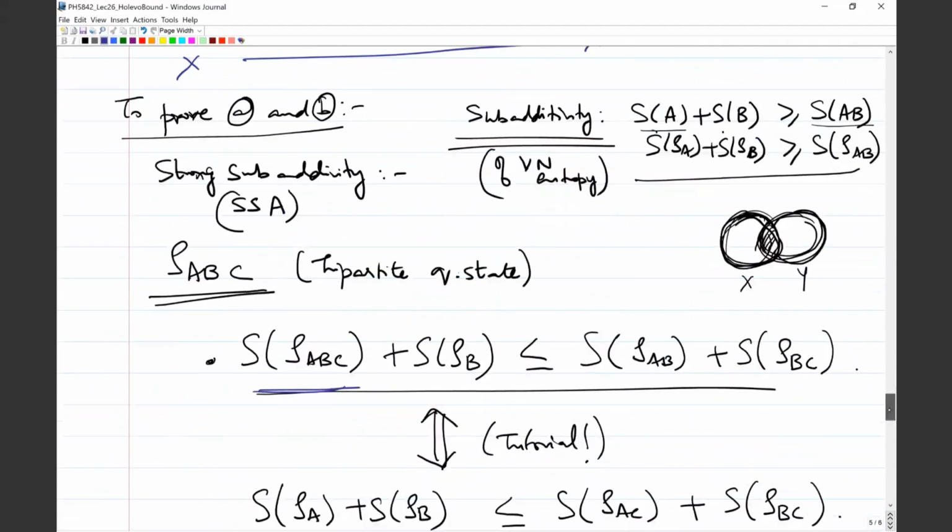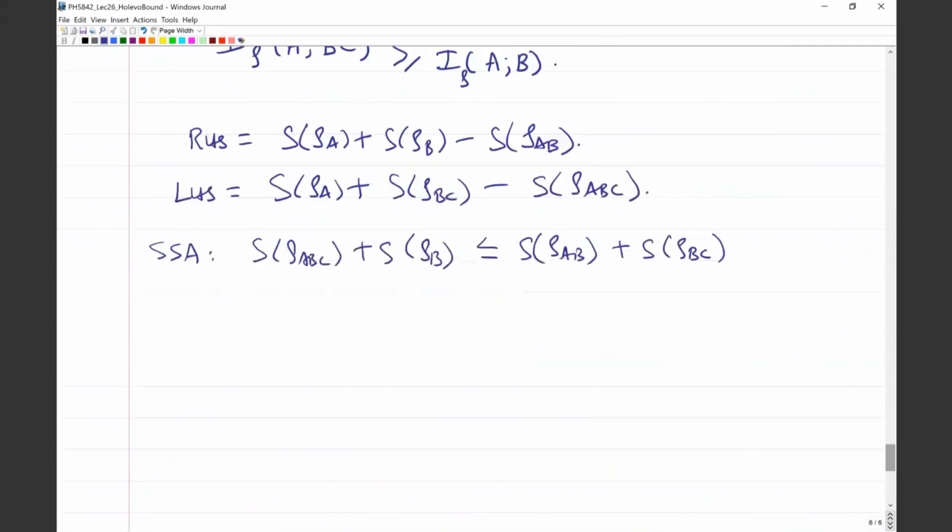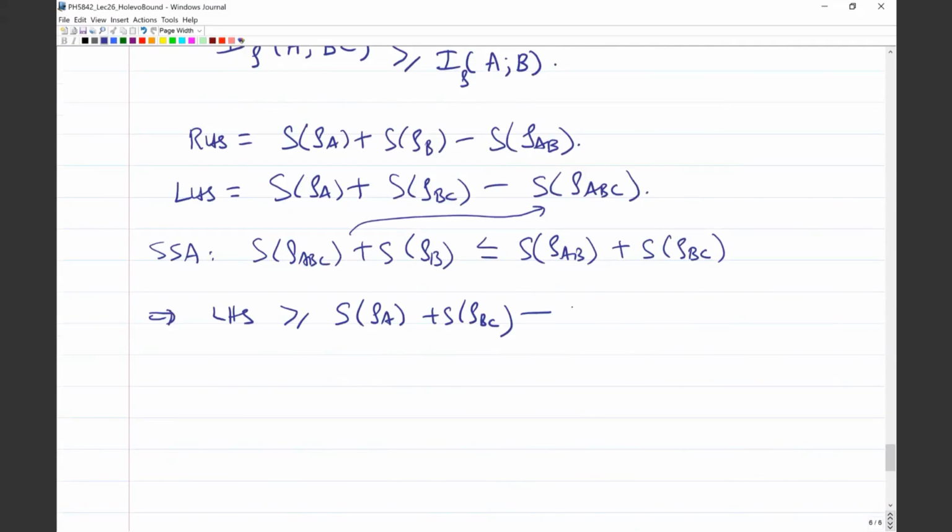So this tells me that the left hand side then has to be greater than or equal to S rho A plus S rho BC, so I'm just substituting this here, minus S rho B minus this. Why is it giving me a wrong sign? This comes with a plus, correct? So this cancels out. That's it.